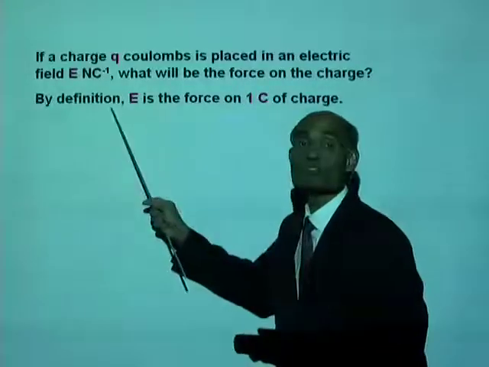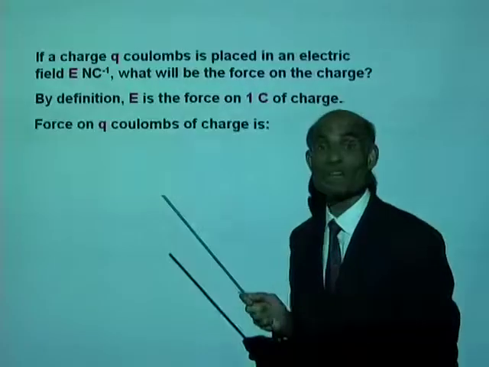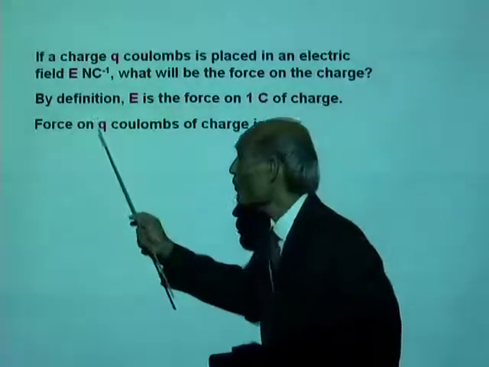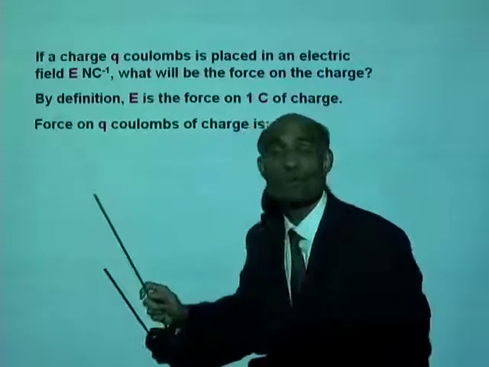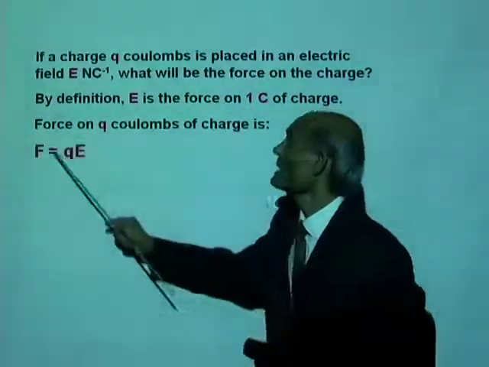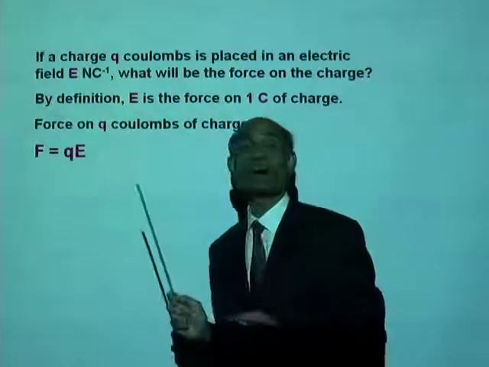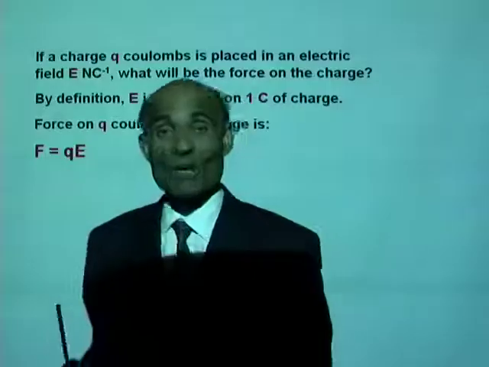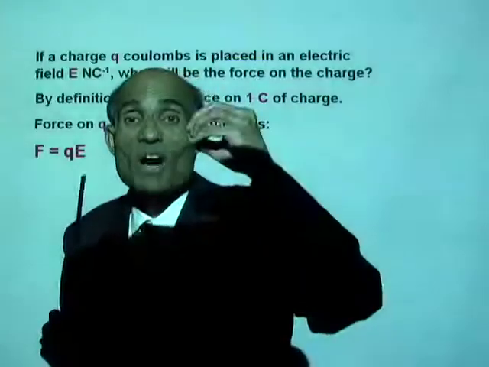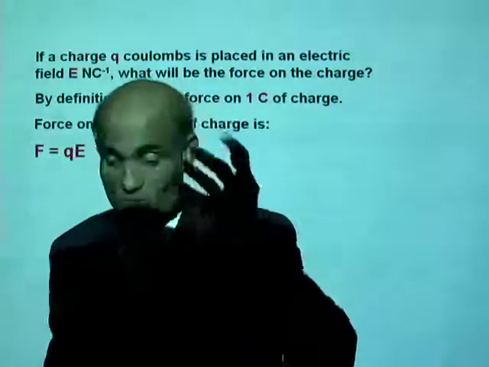So by definition, E is the force on 1 coulomb of charge. Therefore, force on Q coulombs of charge placed in that field will be F, the force, equal to Q multiplied by E. That means whenever you place a charge in an electric field, that charge will experience a force.